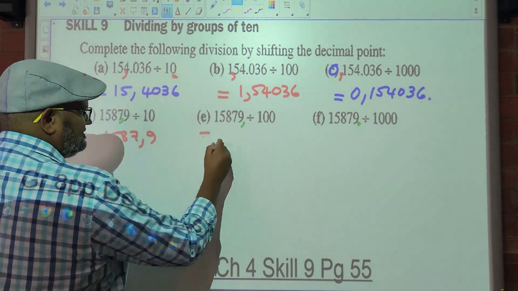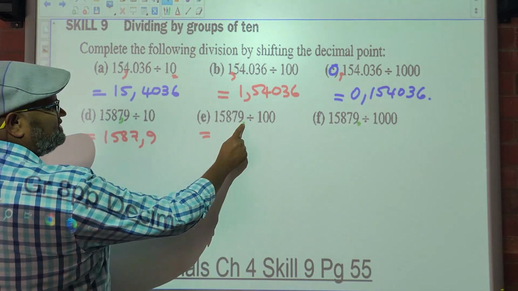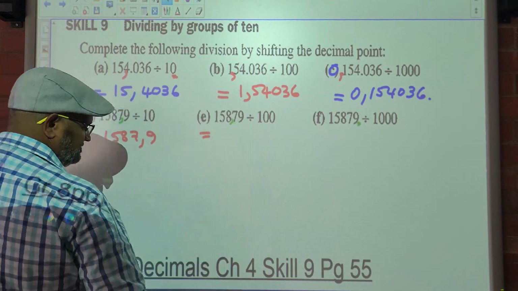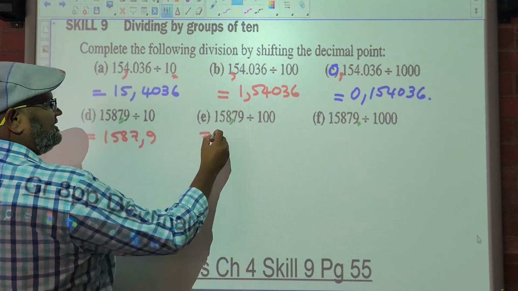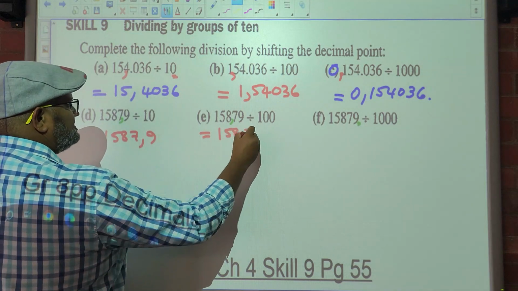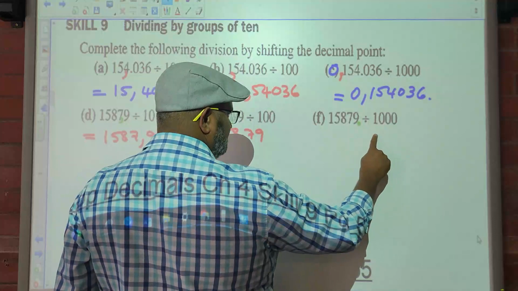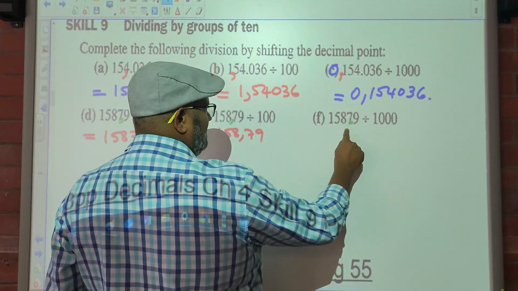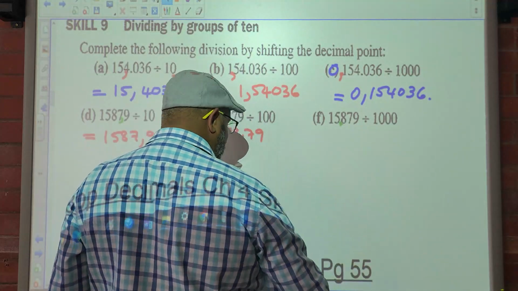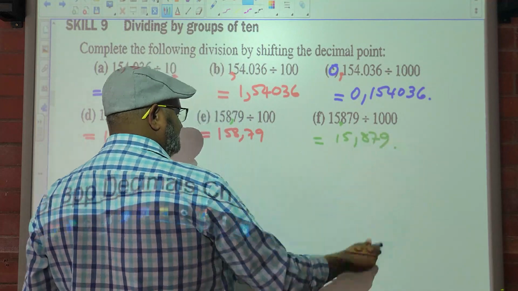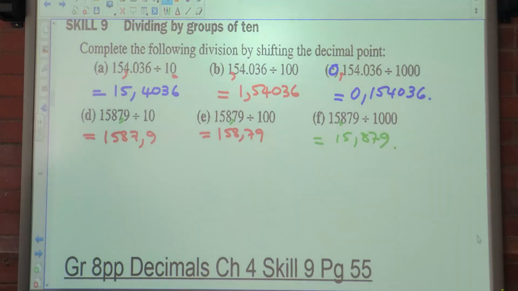Let's look at the next one. This must move by how many units? 2. So it's 1, 2. So that would be 158,7. This comma must move 3 units. 1, 2, 3. So it's 15 comma 87. Okay.